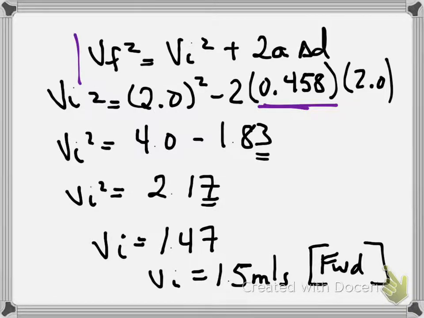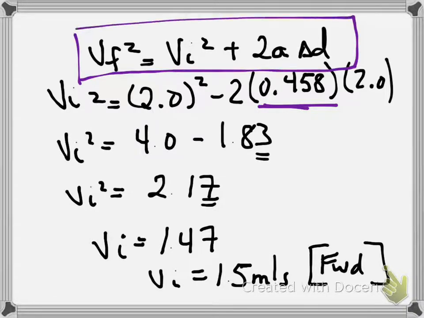So we're going to use our Vf squared equals Vi squared plus 2 times acceleration times displacement. We're going to rearrange that for Vi. So this is coming over, and we're switching spots there, so that's why we're getting a negative there, or subtraction. And so we are starting off with 2 meters per second.